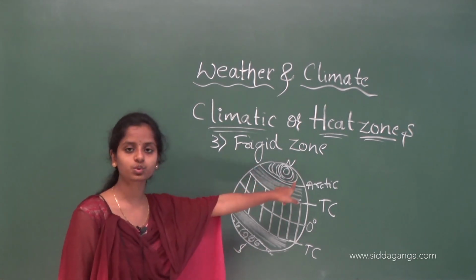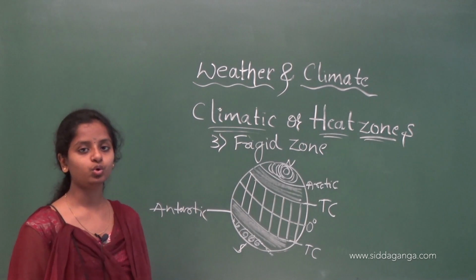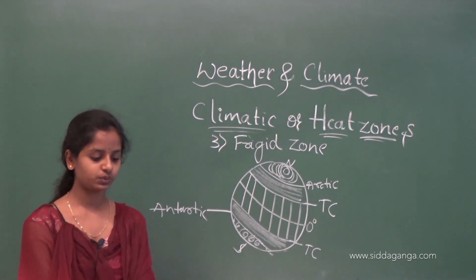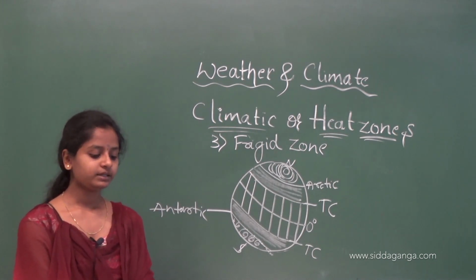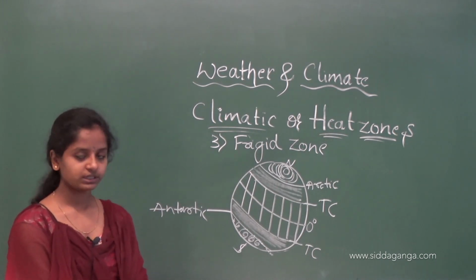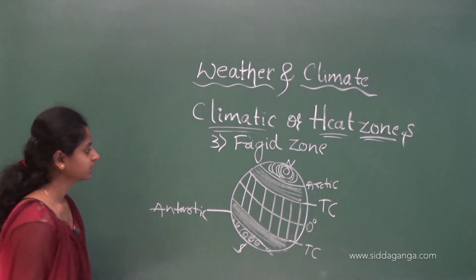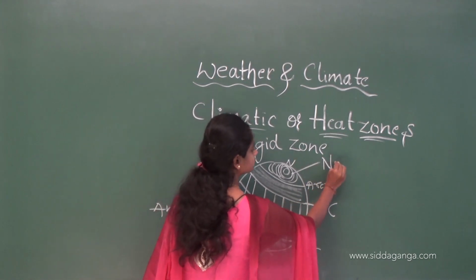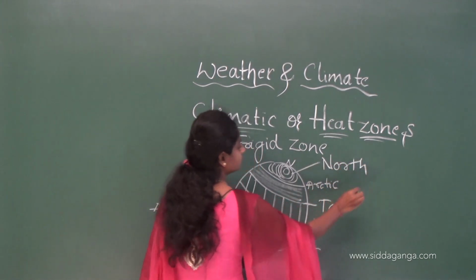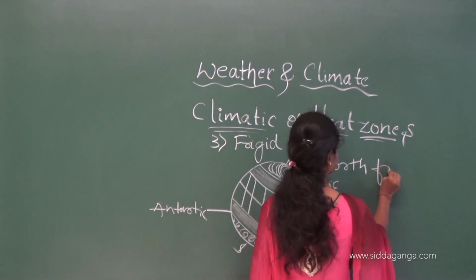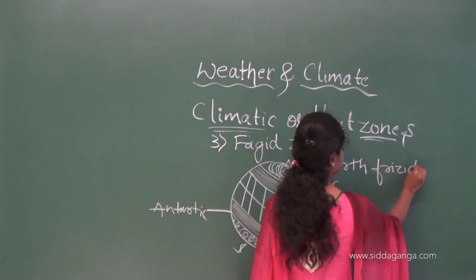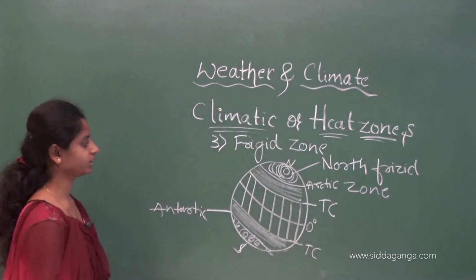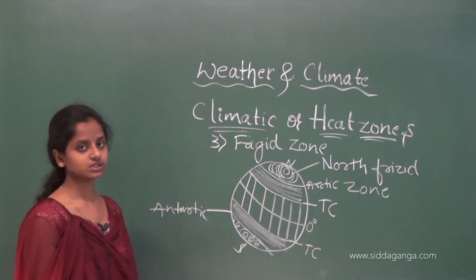And this Frigid Zone will be very cold throughout the year. Sometimes there may be snow also. In the northern hemisphere, this is called the North Frigid Zone. In the southern hemisphere, this is called the South Frigid Zone.